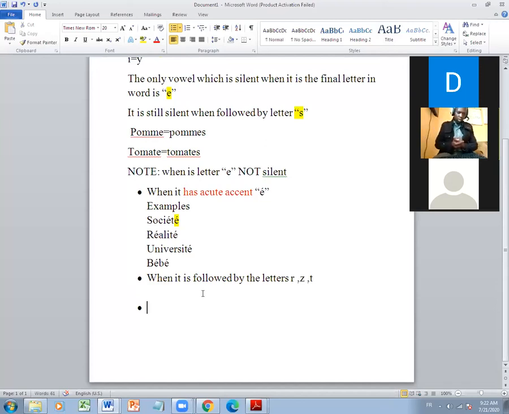So also note that a consonant, okay, a consonant is only pronounced when there is a vowel after it.